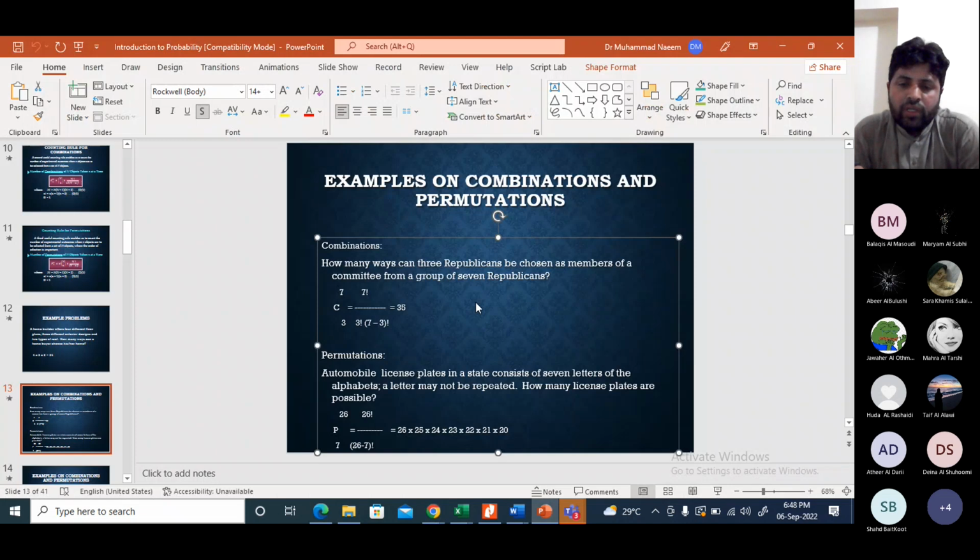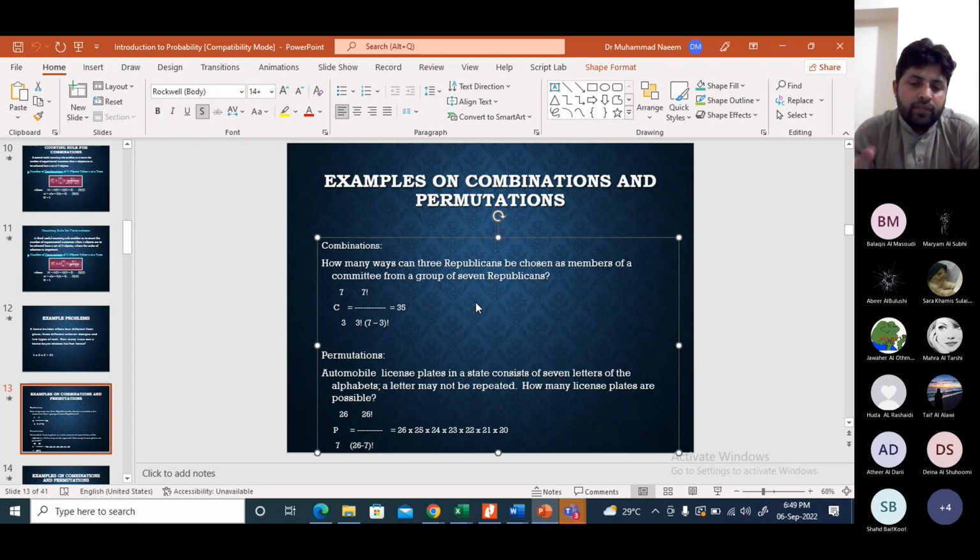Especially, for example, when you have to generate your PIN code for your credit card, this is also an example of permutation, because everyone has their own PIN code, maybe 1, 2, 3, 4 and 4, 3, 2, 1 is different.